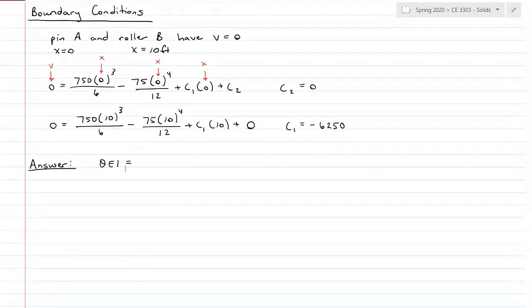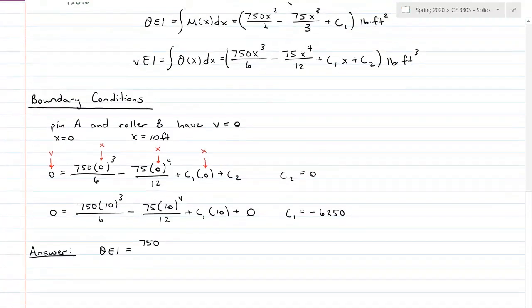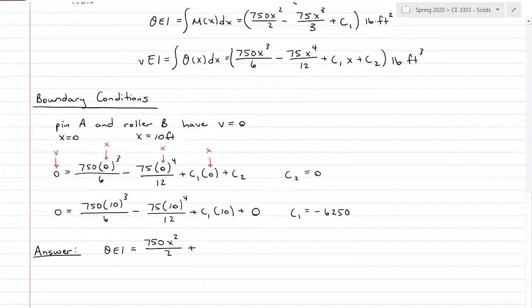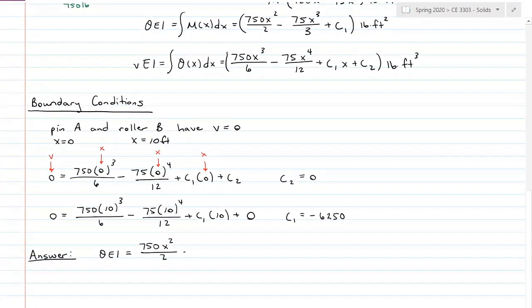I'm so lazy. x squared divided by 2 plus, nope, minus 75 divided by 3, that's 25, minus 25x cubed minus 6,250, and that'll be in pound feet squared.